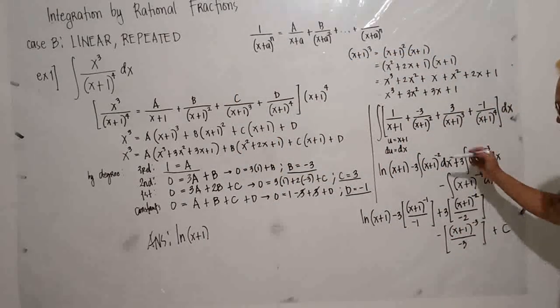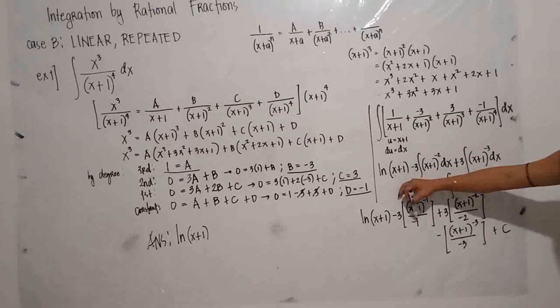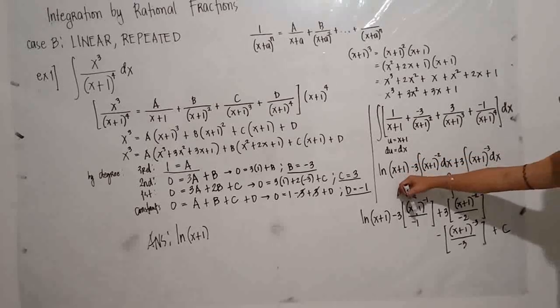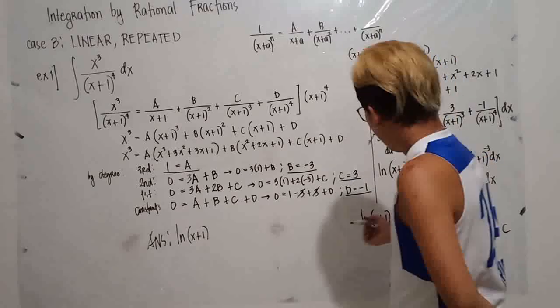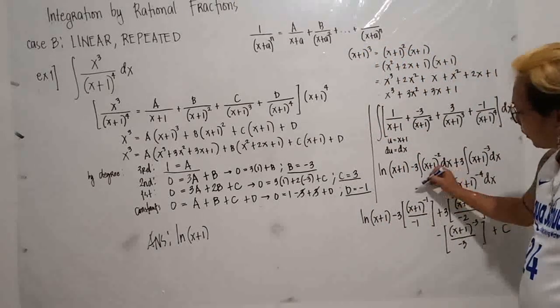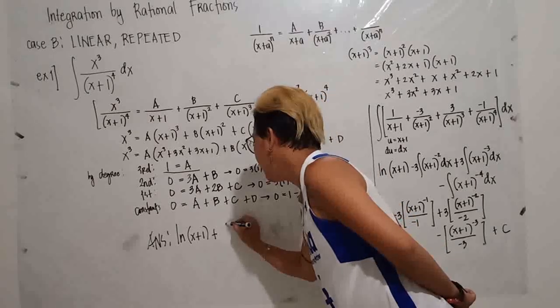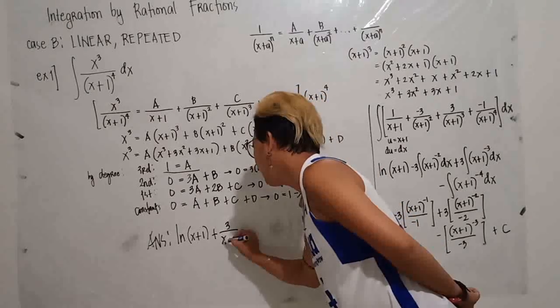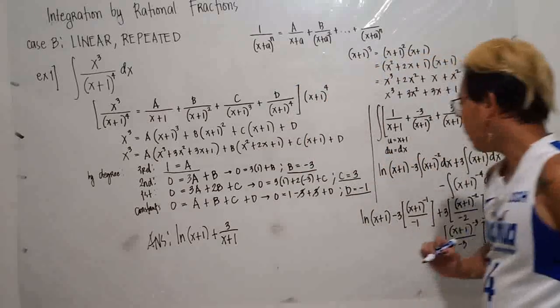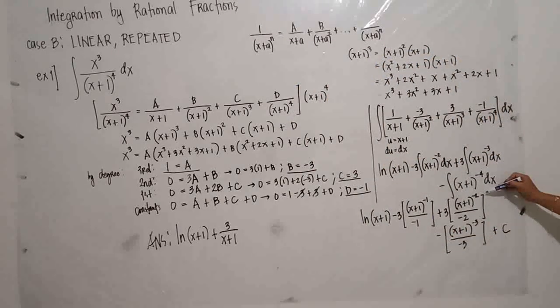For the second term, since this is negative and this is also negative, we may now have plus 3. Then, since negative yung exponent nito, pwede natin ibaba. So, that is plus 3 over x plus 1. Then, the third term is, this is positive and this is negative.